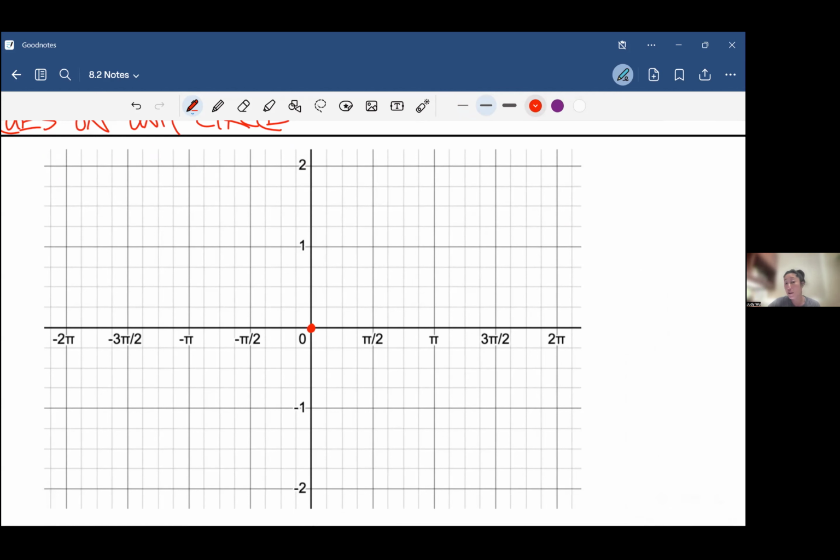And when we get to pi over 2, the y value is now 1. And when we go to pi, our y value is 0. When we get to 3 pi over 2, our y value is -1. And when we get to 2 pi, our y value is back to 0.